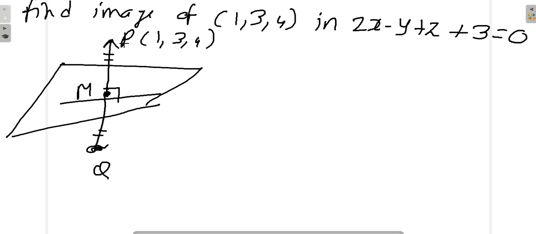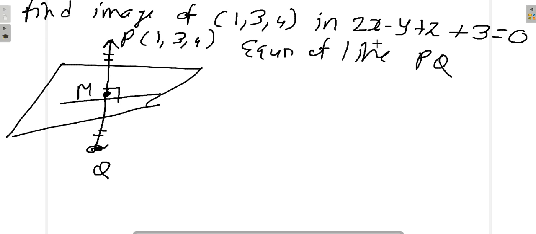We first have to find the coordinates of M. Before we find the coordinates of M, let us find the equation of PQ. Please note that as PQ is perpendicular, it is parallel to the normal. And what is the normal vector? (2, -1, 1). So a vector parallel to the given line is 2i minus j plus k.